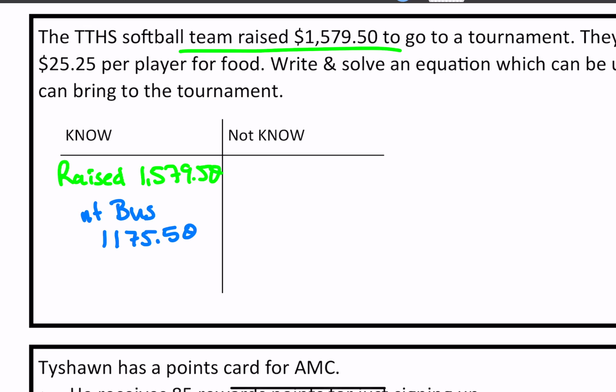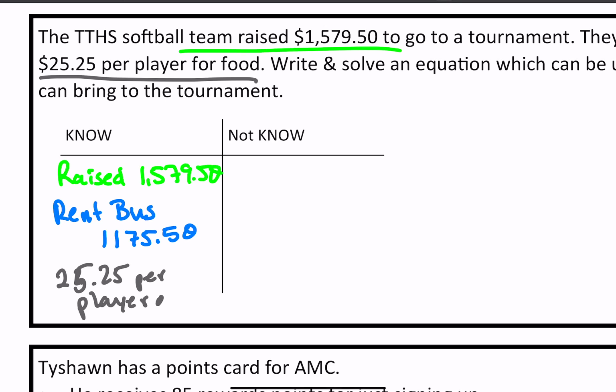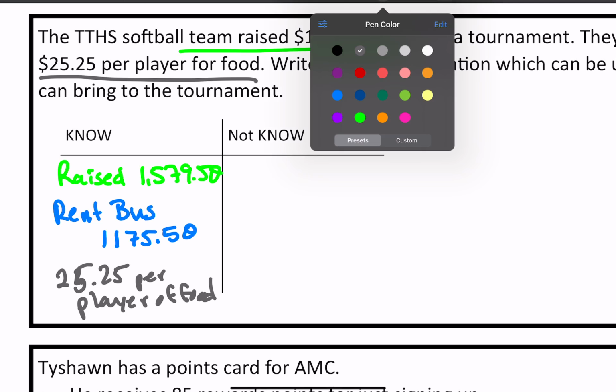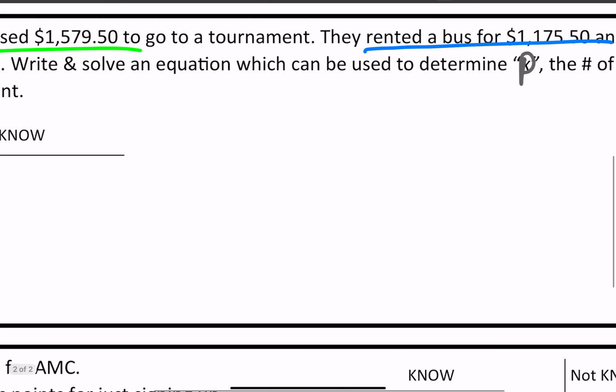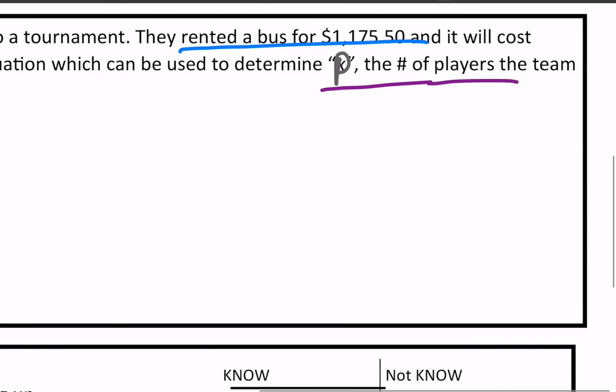Correct. And then the last thing we know is that it was $25.25 per player for food. What we don't know is P, the number of players.